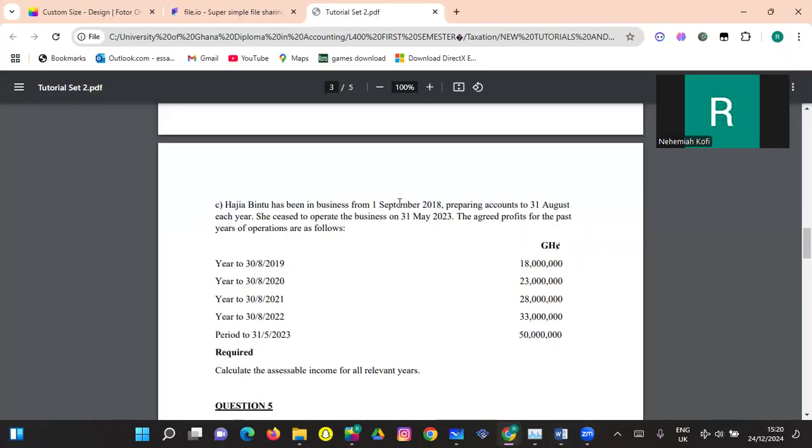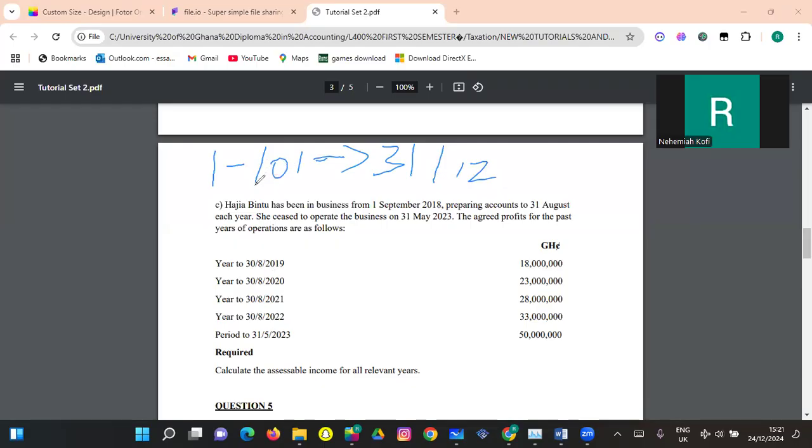This is because he started doing the job on 1st September 2018. So we are going to start everything from 1st September 2018 to 31st December because it will be within the calendar year, which is from 1st January to 31st December.